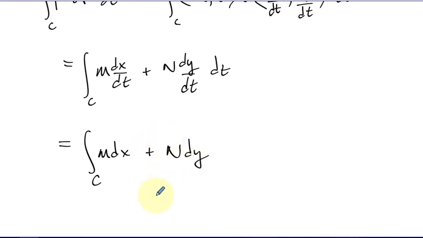But I don't think that's normally what you're going to do. I think in the examples that we're going to see most frequently, it's going to be replace the dx and the dy with a differential in t and integrate over some parameter from some t value a to some t value b. So certainly that's what I'm going to do in the next example that I want to look at.